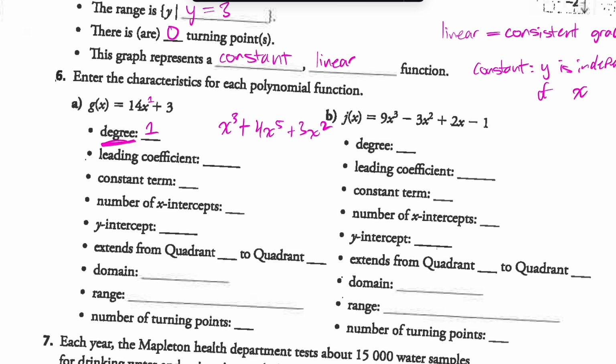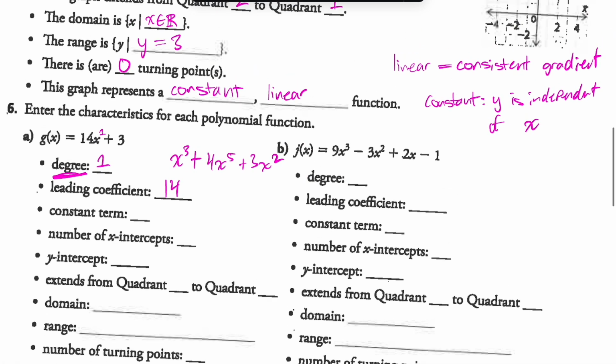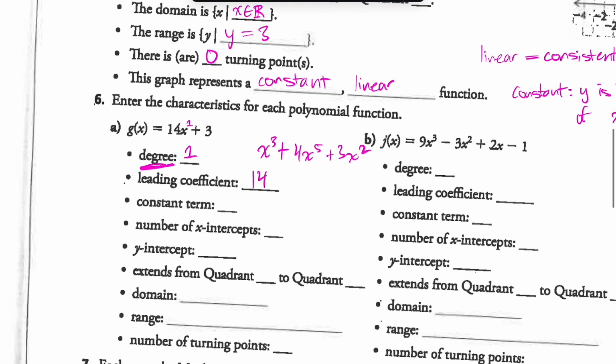So our leading coefficient would be 4 for this one, and for the one they gave us, it's attached to the x, so it's 14. Our constant term, we actually just went over that up here, right? A constant is where it's independent of x, so it doesn't matter what x is, 3 won't change, because it's not multiplying by x in any form. So our constant term is 3.